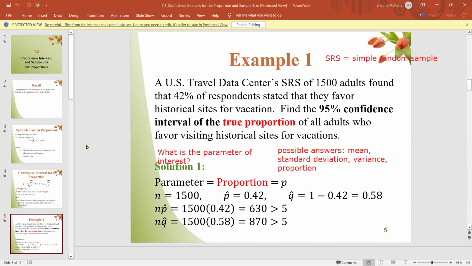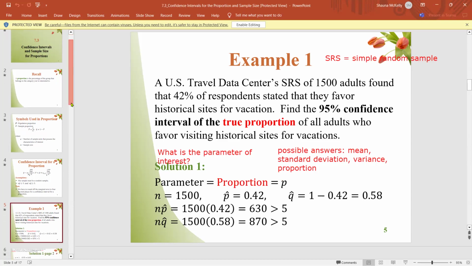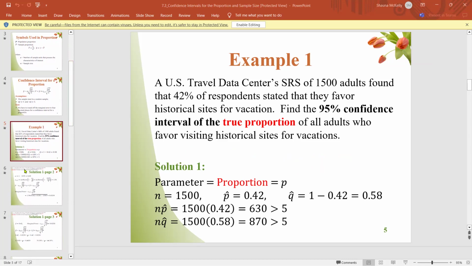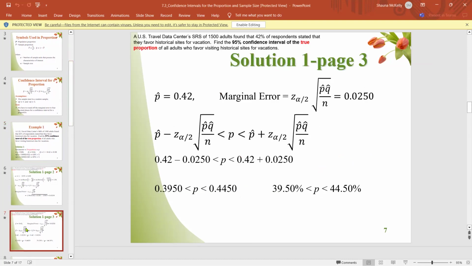So we're going to proceed with our situation here. Then we go ahead and we calculate it. She calculated the margin of error first.